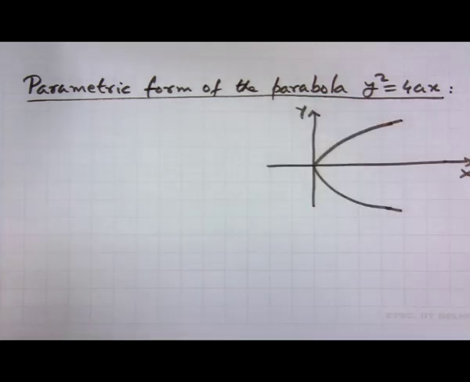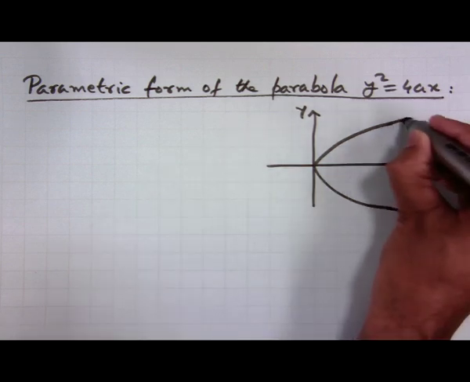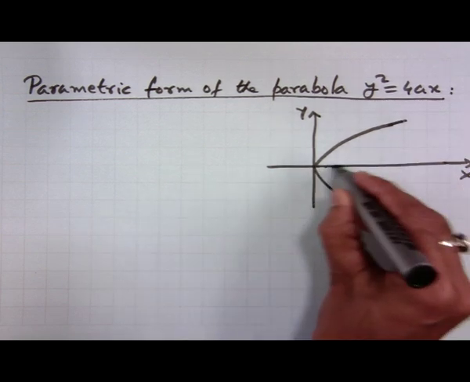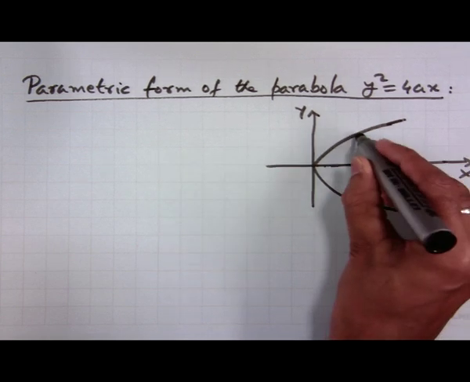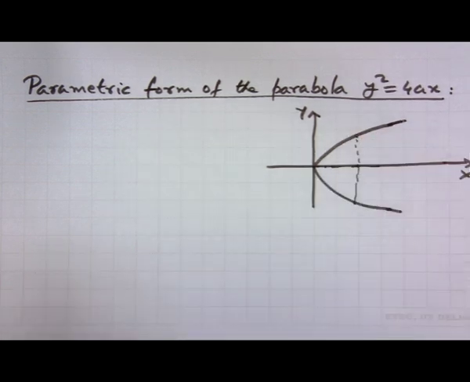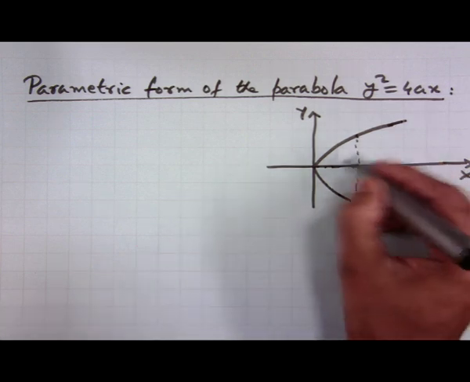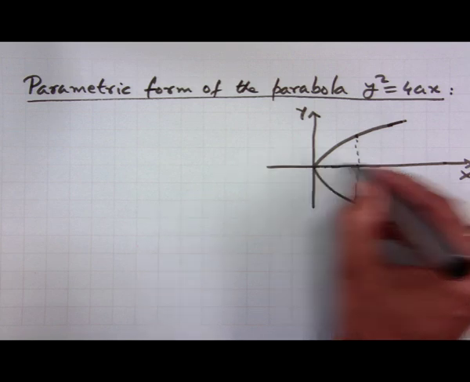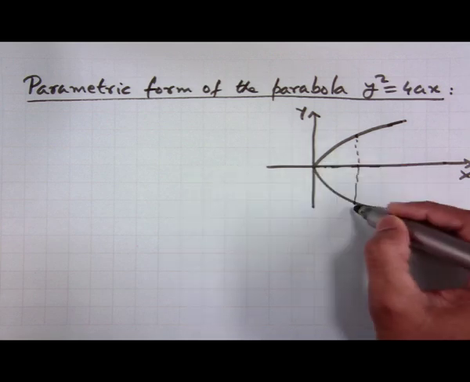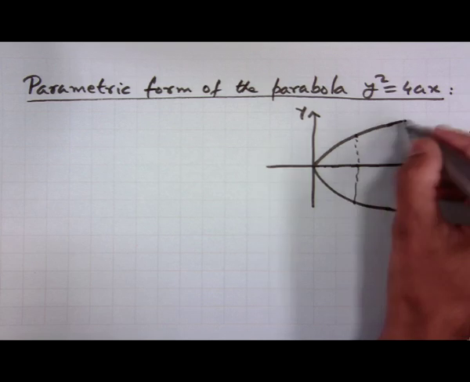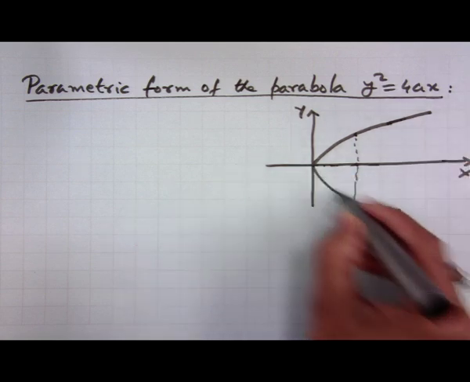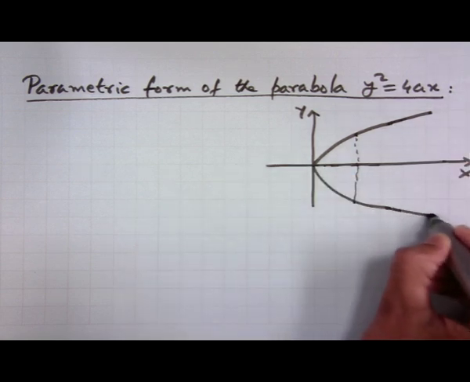As you increase x, for every fixed x there are two values of y. As x goes from 0 to infinity, in the upper half part of the parabola y goes from 0 to infinity, and in the lower half it goes from 0 to negative infinity.